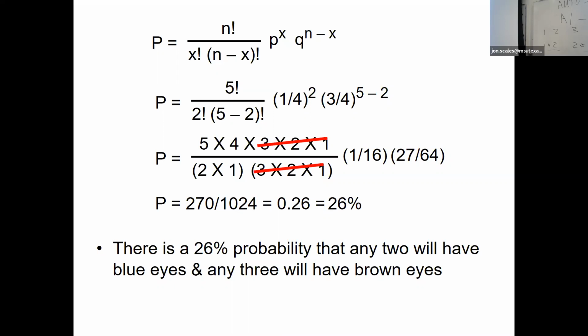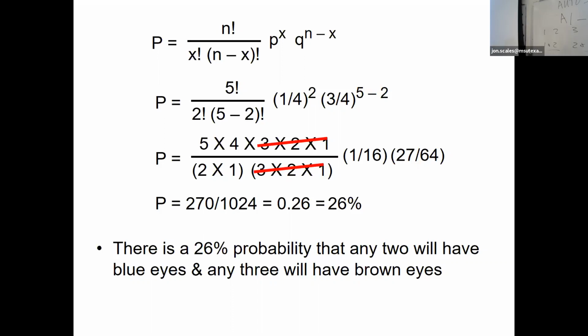No. If you had 2 kids, would that satisfy? Yes. If you had 3 kids, would that satisfy? Yes. 4 kids? Yes. All 5 kids? So there's 1, 2, 3, 4 ways to do it. So now you got to calculate a binomial expansion for 2 kids, do it again for 3 kids, do it again for 4 kids, do it again for 5 kids.